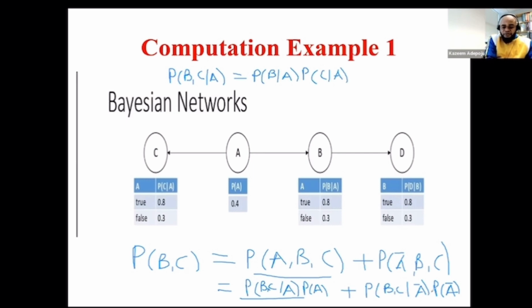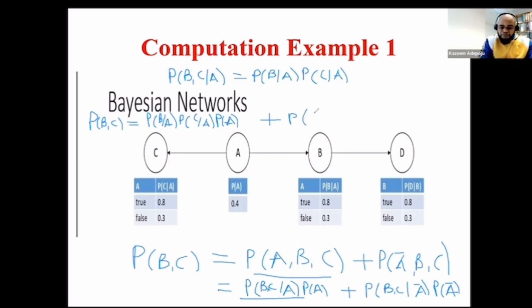So if I really want to rewrite the whole of that, I'm actually going to write the probability of B comma C, which is this guy, as the probability of B given A multiplied by the probability of C given A. Then don't forget this guy, the probability of A, plus I'm going to do the same, except that the A is going to be in complement.